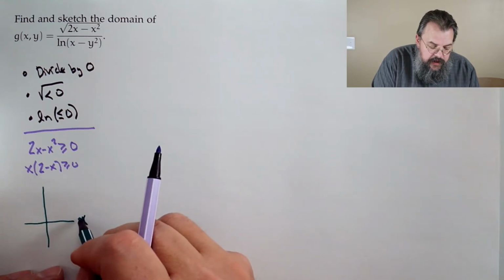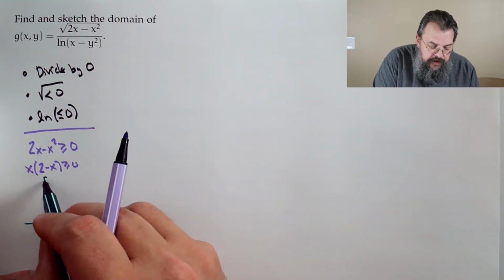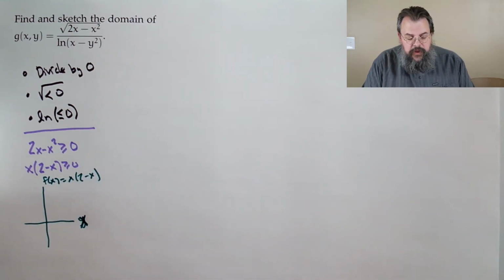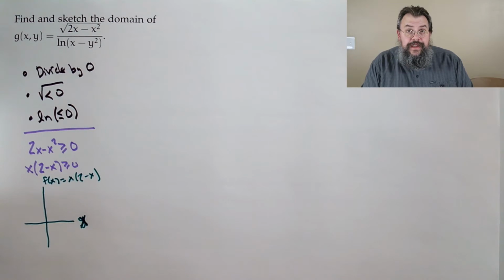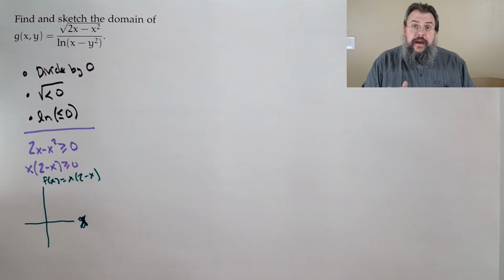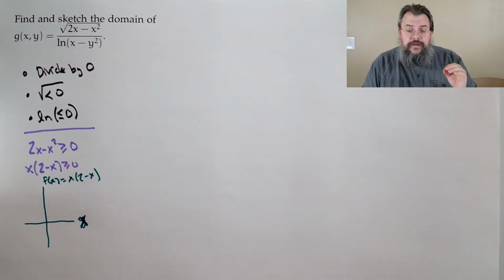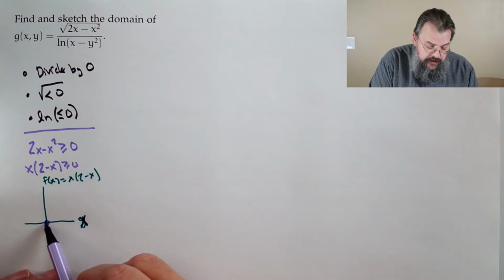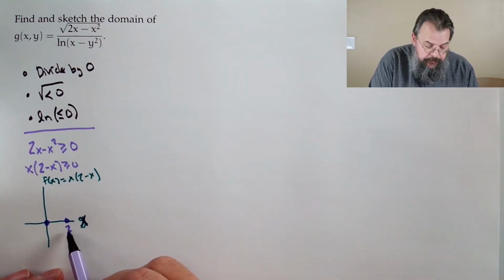Here's f of x, which is x times 2 minus x. What would it look like? Well, you can see where the intercepts would be. Where does it hit the axis? It hits it at 2 places, at 0 and at 2. So it hits there and there.